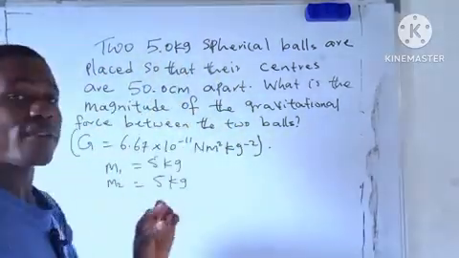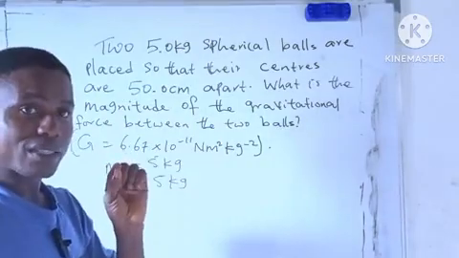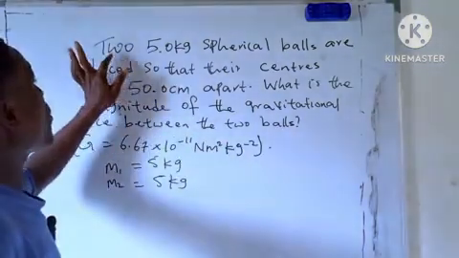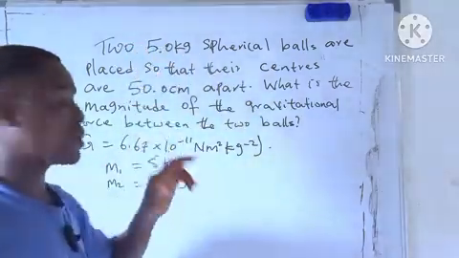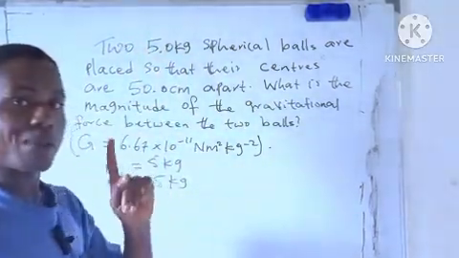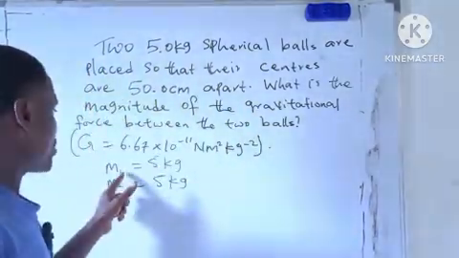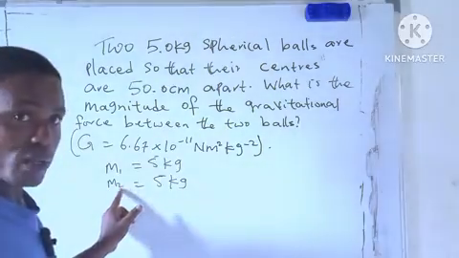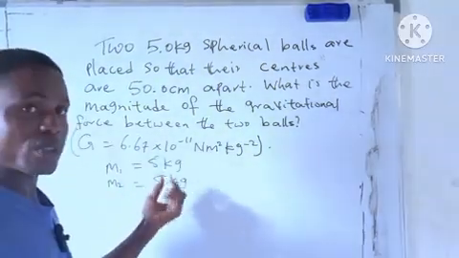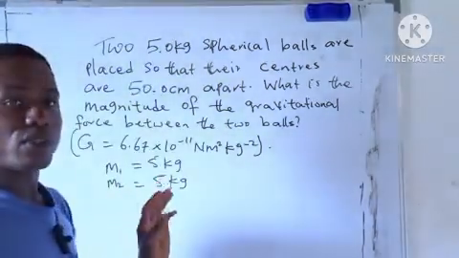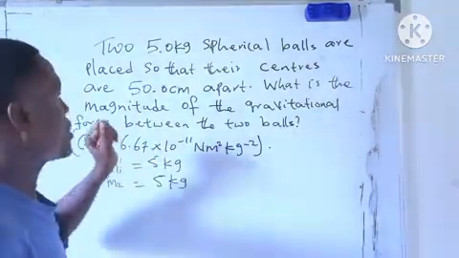So we have two masses. Supposing they said 5 kg, it will be only one mass. But this one they said two, so it will be mass one and mass two. They have the same value, 5 kg and 5 kg. Okay, let's continue.